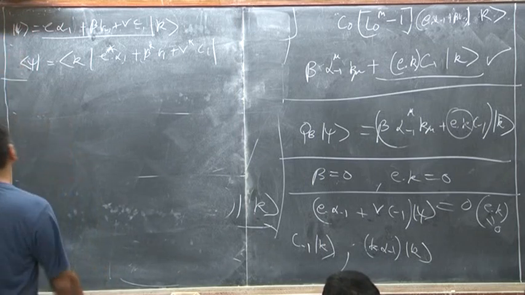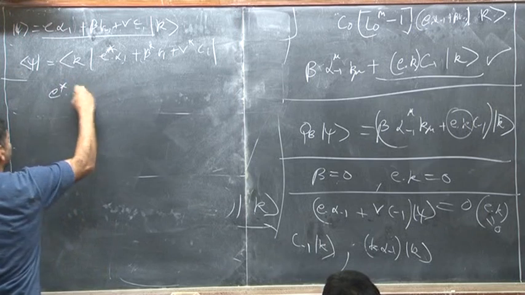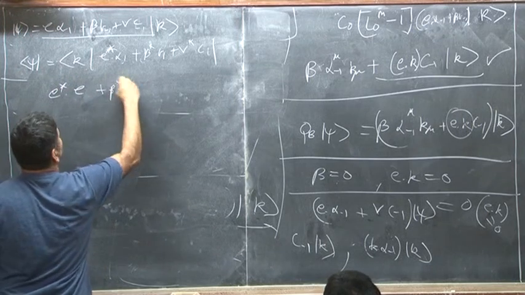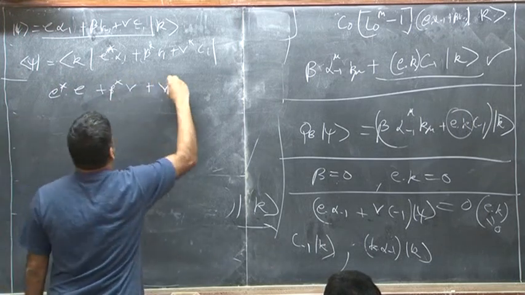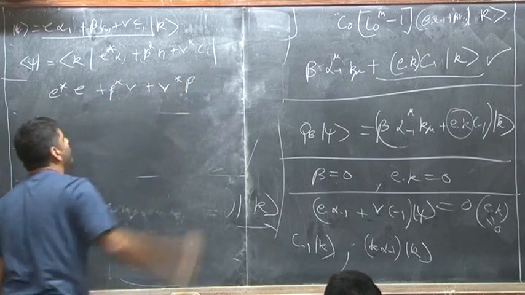Great. So now we take this side with this side, we take the inner product. What do we get? Clearly we get E star dot E plus beta star times gamma plus gamma star times beta.